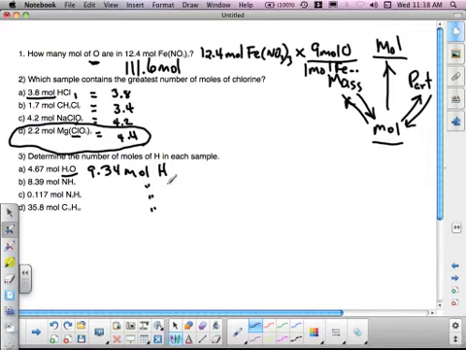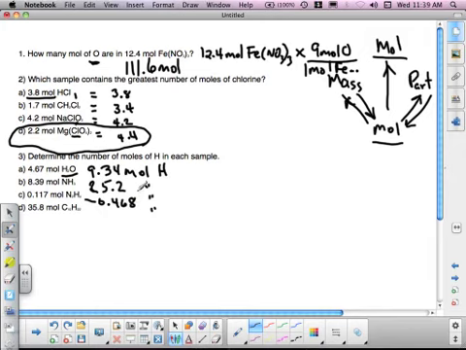And then B, it's going to be times 3. So 25.2 for B. And C, I'm going to be multiplying times 4. So 0.468 moles of hydrogen.